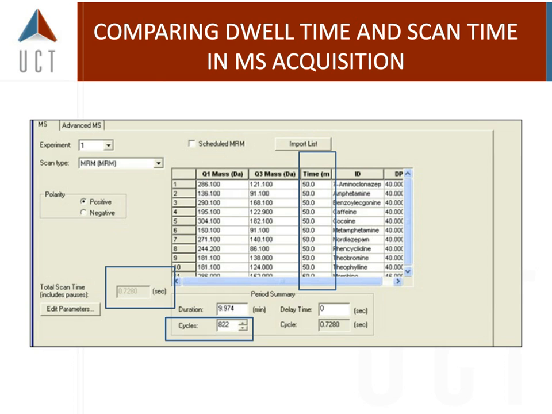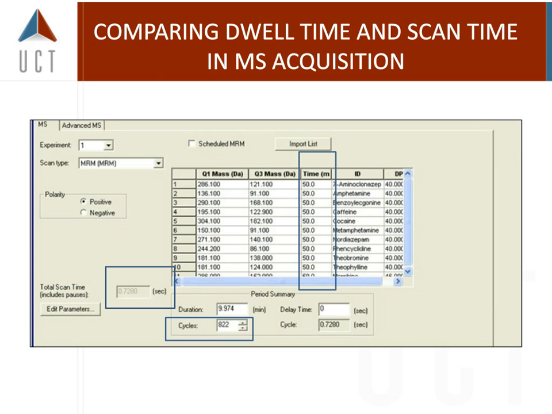So in terms of looking at the dwell times, this is just an application from my instrument where I've highlighted the dwell time. That's the amount of time that the instrument spends reading every point while it's making its mass spec acquisitions. And if you look to the left in the grayed out area, that's a scan time. So how do we relate scan time and dwell time? Well, that's related to the number of analytes you're looking for.